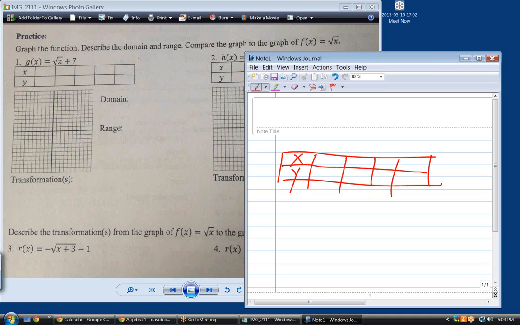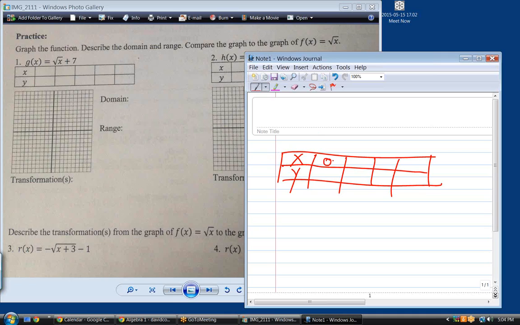Well, whenever you're trying to graph a function, you can always make a collection of dots by just picking values for x and then figuring out what y is. In other words, y is the same as g of x. So let's pick a value of x that's easy. What if I picked x equals 0?